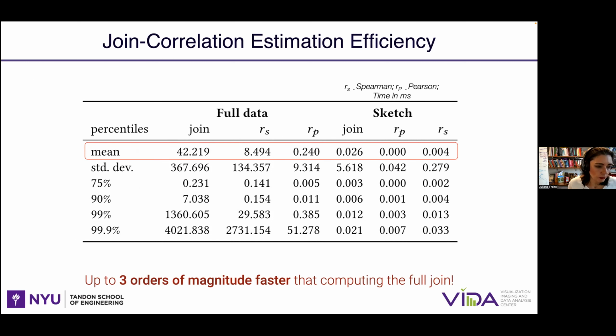In this table, what I'm showing is the average time for computing the joins and correlation measures, Spearman and Pearson, over the full data versus using the sketch. As we can see here, using the sketch, we can estimate the correlation three orders of magnitude faster than computing the full join.